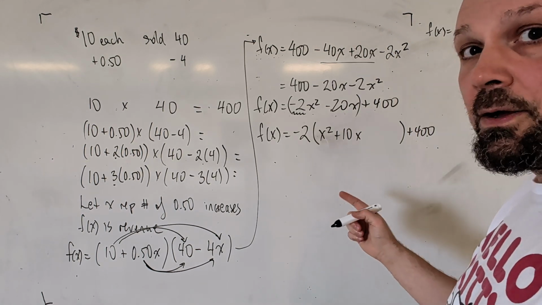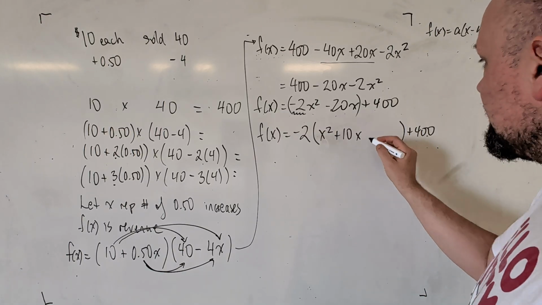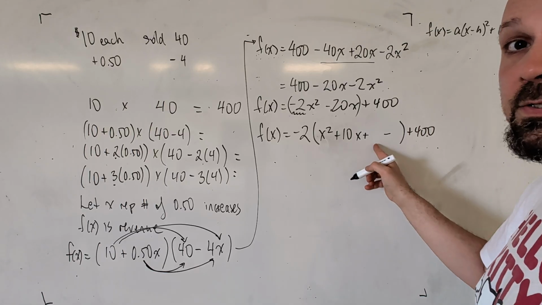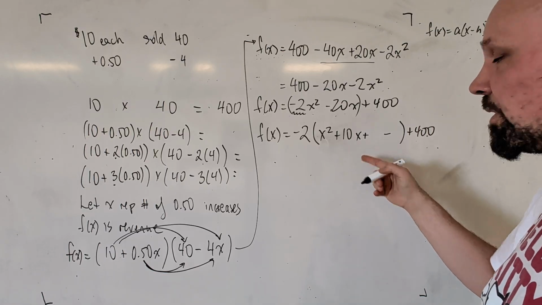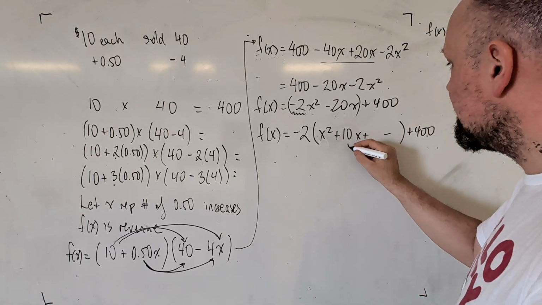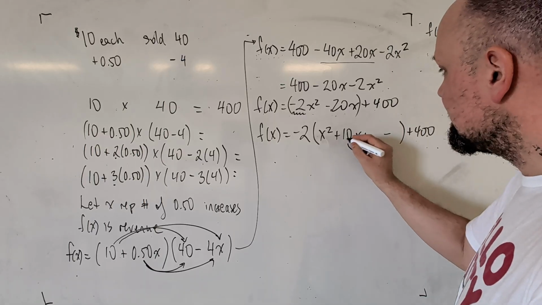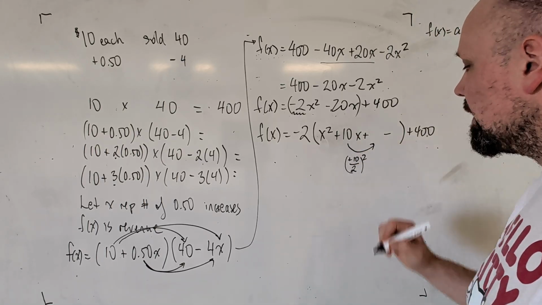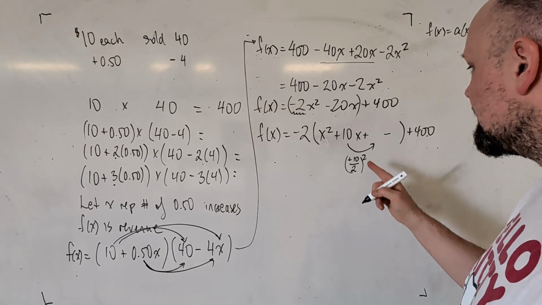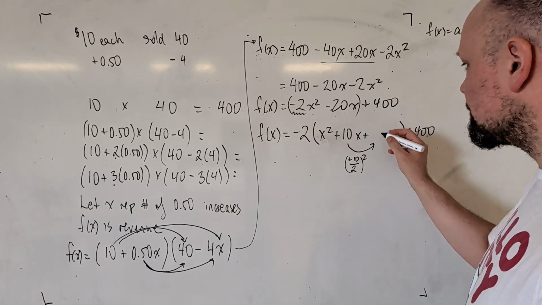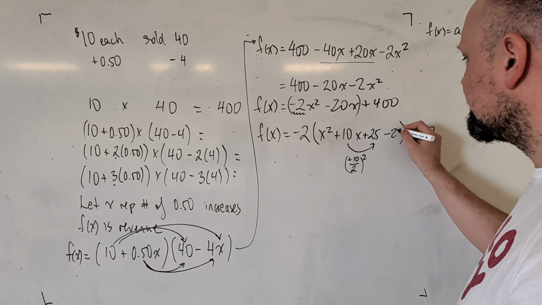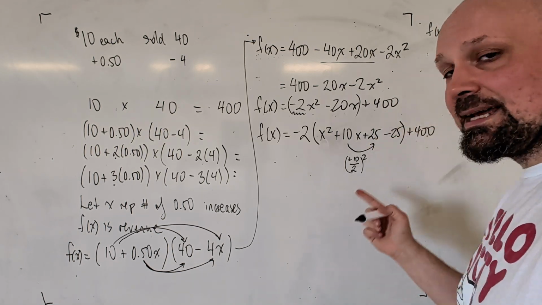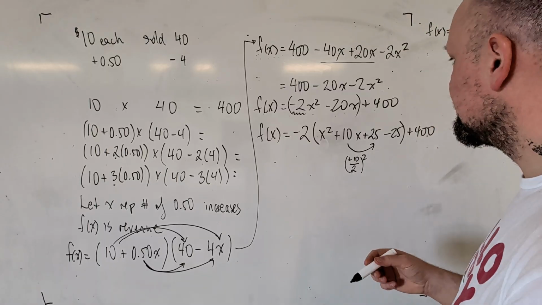Okay, so now I need to add and subtract something so that I have a perfect square. That something is always positive 10 divided by 2, squared. 10 divided by 2 is 5, and 5 squared is 25. I add it and I subtract it because it doesn't make a difference.